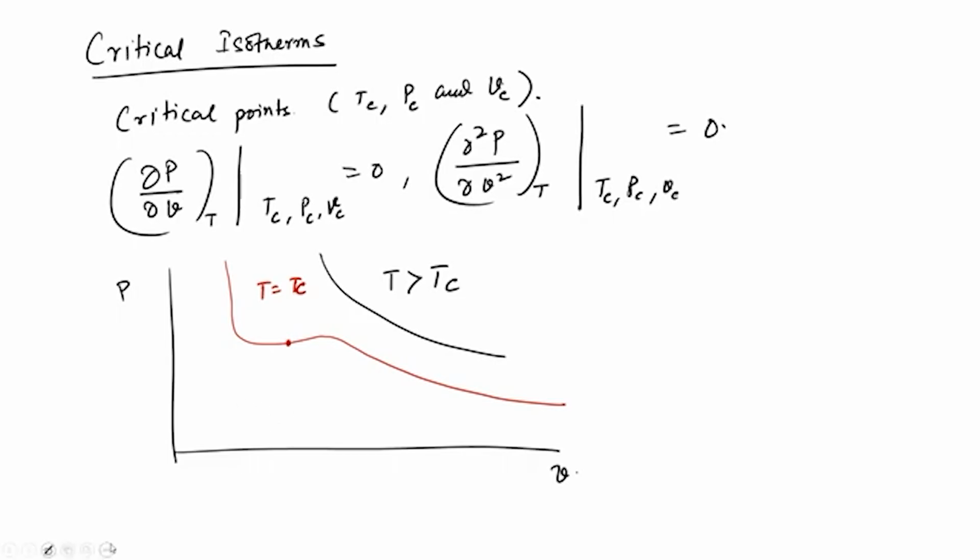We also have, for T less than Tc, this isotherm. So, you get this critical isotherm. They are at 3 different temperatures. The black one is for T greater than Tc, the red one is at T equal to Tc, and there is also the one for T less than Tc.